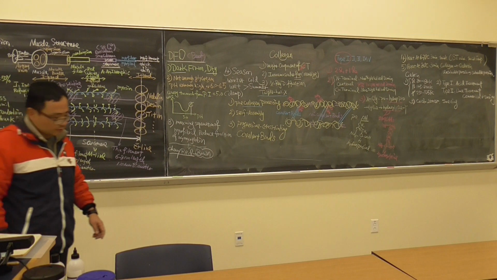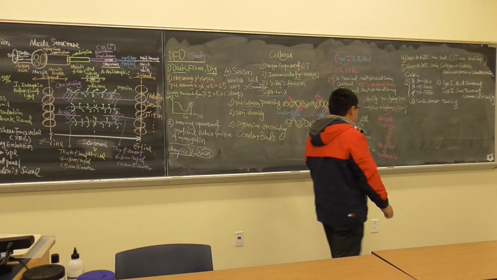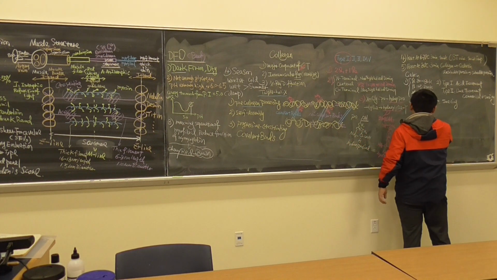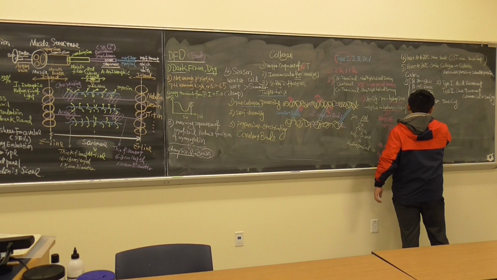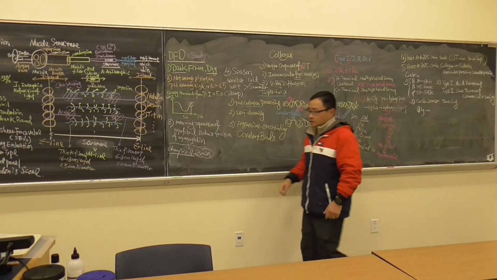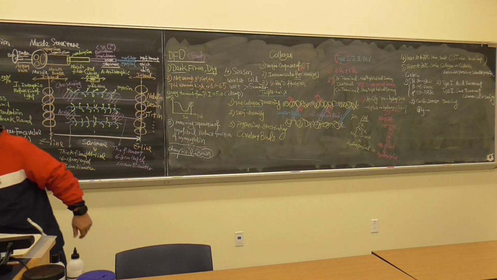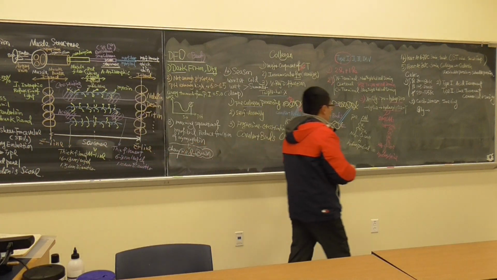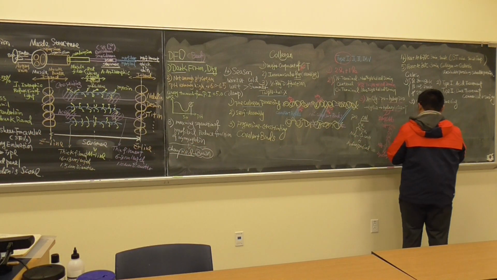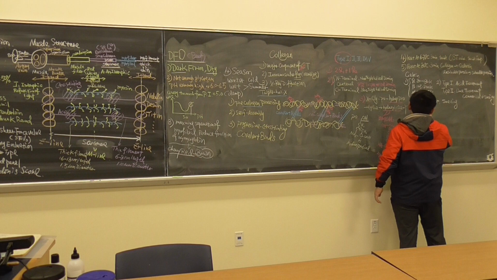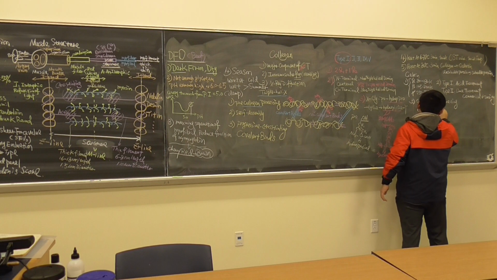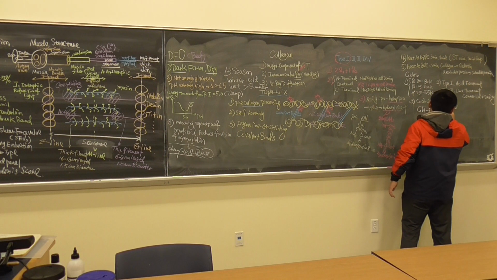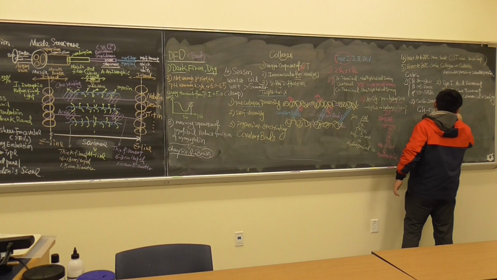And what is gelatin's amino acid sequencing? It is glycine, proline, and hydroxyproline.